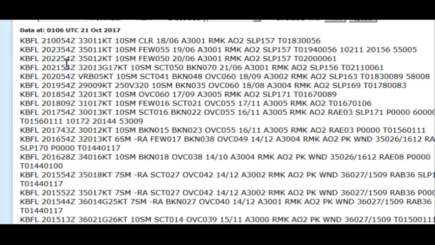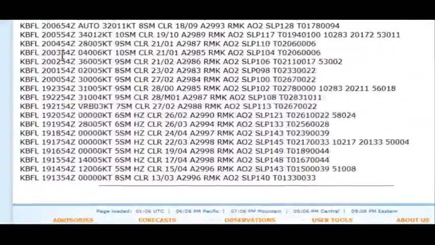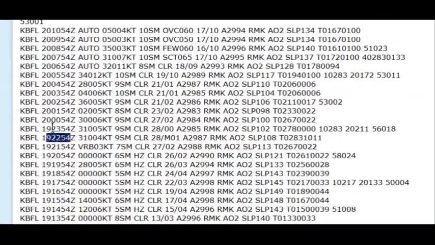And one good way to see what's happened is to compare this with yesterday's observations at about 22 to 23. So we scroll back, look at 22 to 23. We can see we had light northwest winds, clear skies, temperatures about 82 Fahrenheit, dew point about 32, and pressure 29.85.